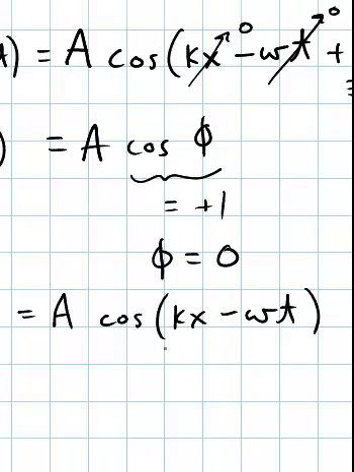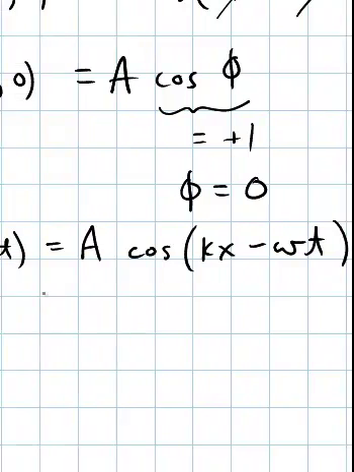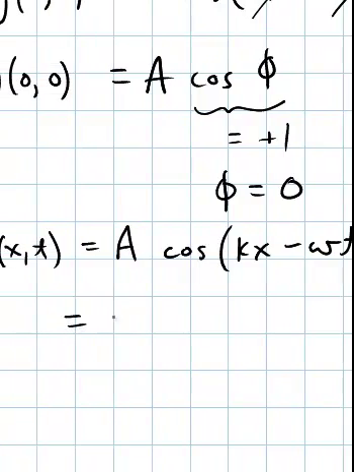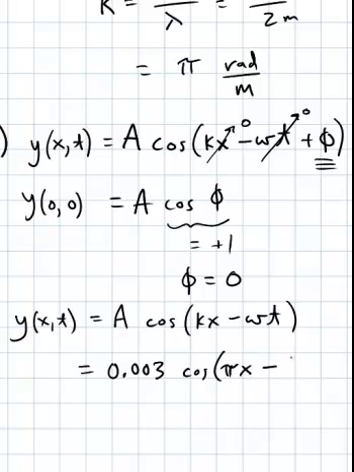I'll just leave that out. So we found k and we found omega in part A of this problem, and the amplitude is given, so now we can just substitute in here. The amplitude, I'm going to convert everything to meters, 0.003 meters times the cosine of pi x minus 40 pi t. And that's the equation of our wave.